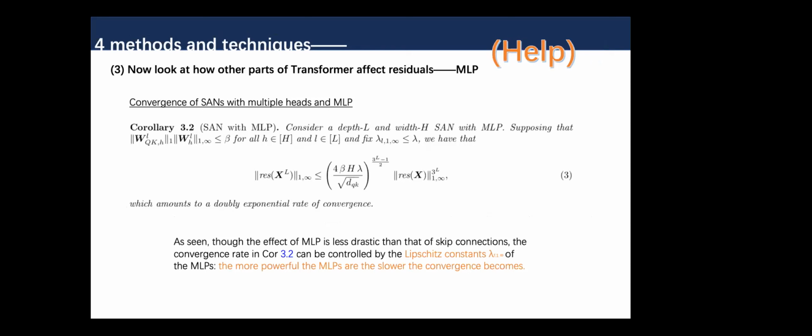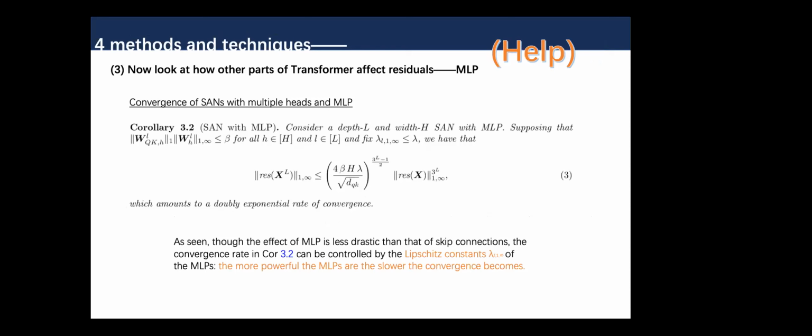And the next one is MLP. We have talked about the Lipschitz constant, and here we use the Lipschitz constant called lambda. The lambda is inside the parentheses, and because lambda can be big, the term inside the parentheses can be a little bigger.